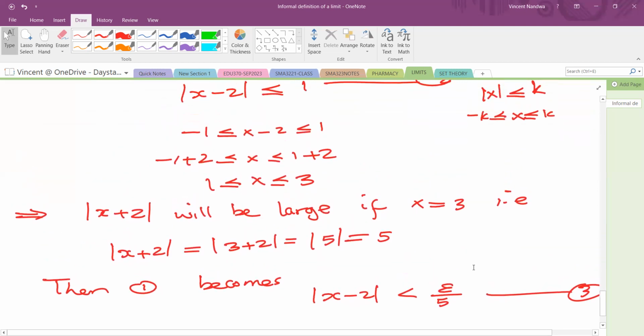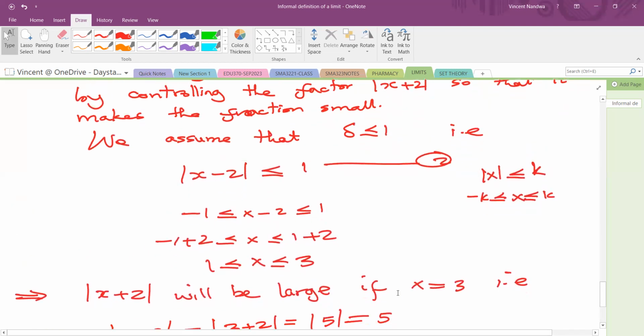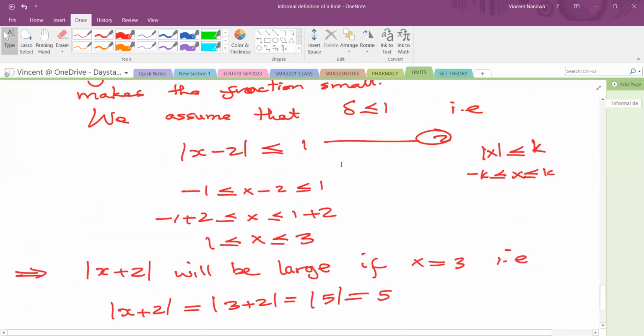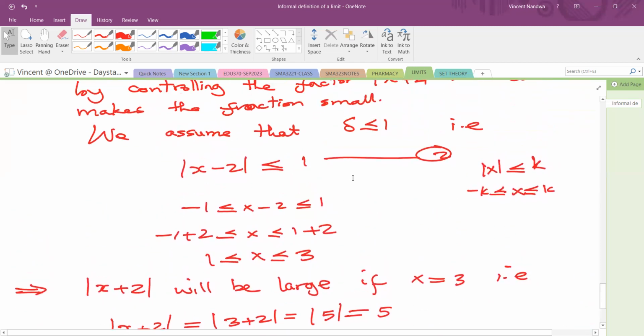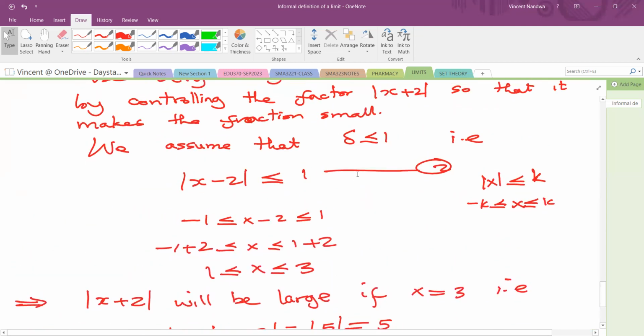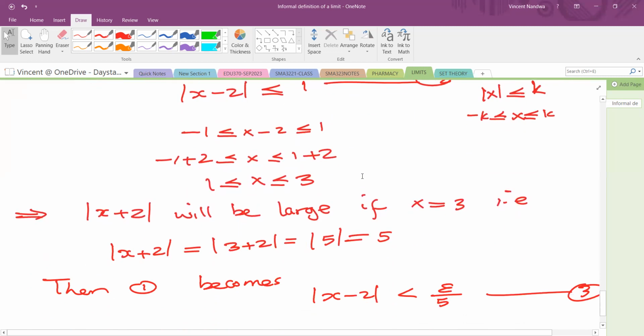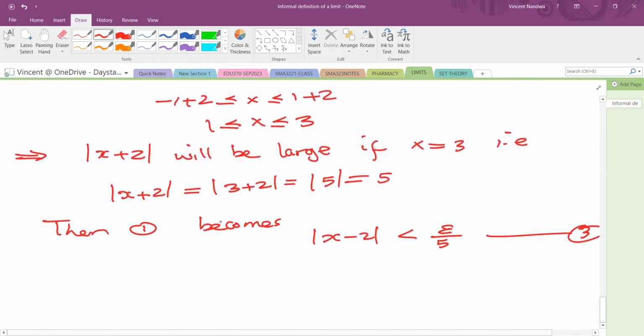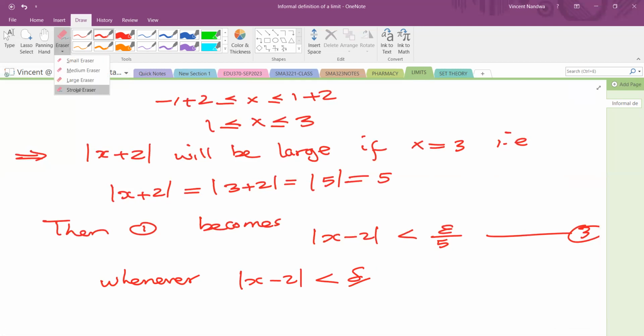So therefore, 3 and 2 both relate the values of the absolute of x minus 2. And remember, this was from f of x minus L, whenever the absolute of x minus 2 is less than delta as given in the definition.